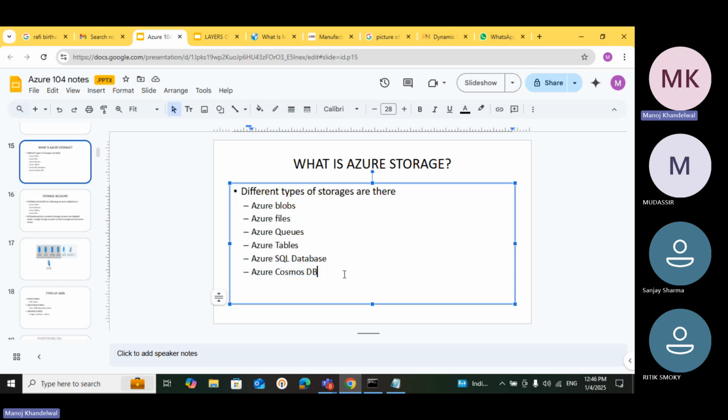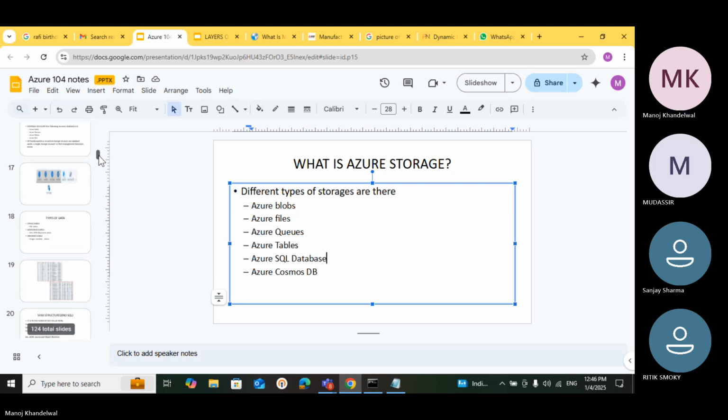Azure SQL database and Azure Cosmos DB, this kind of storage, you have to manage separately, independently. So it's only required for the first four? Yeah, for the first four you require the storage account. That's right. I remember you had highlighted the first four a while ago, so I was thinking it's probably only the first four.